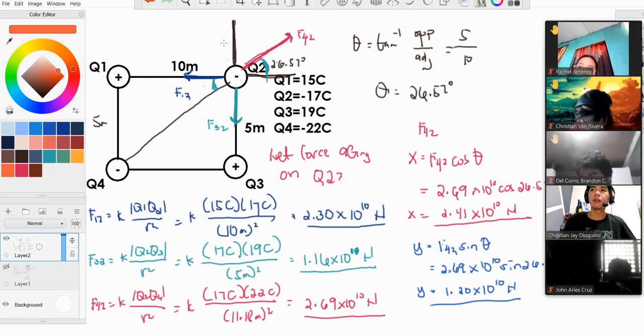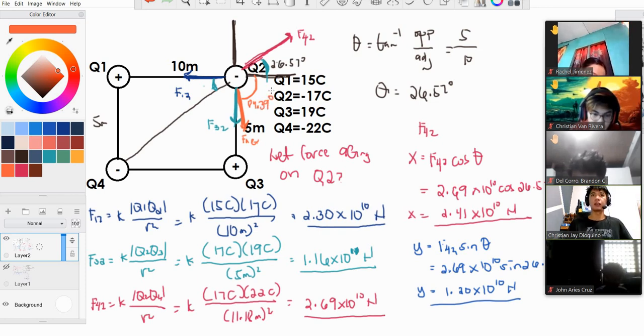Since malaki yung angle natin, that's 89.39, almost katabing-katabi na siya nung F32 natin kasi that's exactly 90. So dito tayo kukuha along x-axis. This will be our Fnet. Then, angle is 89.39 degrees.